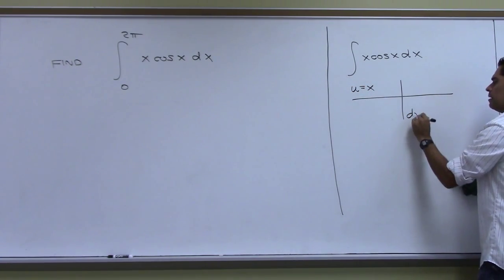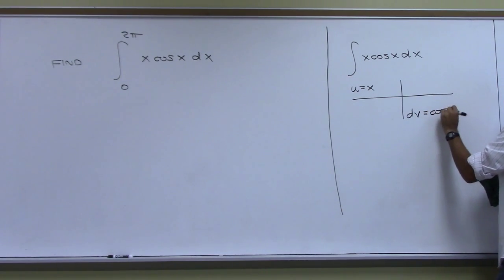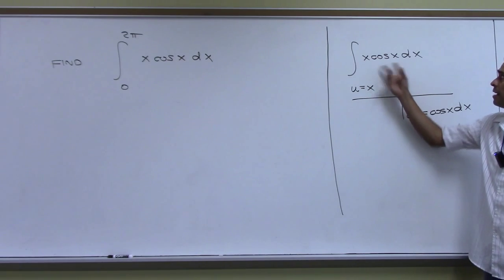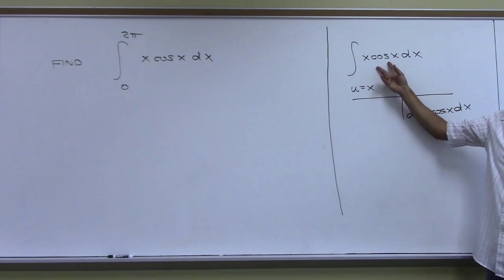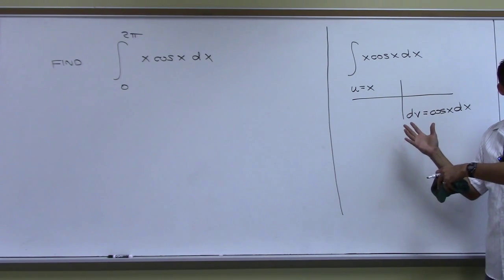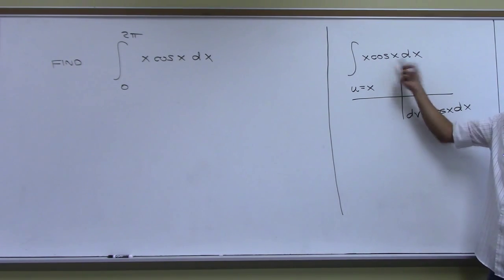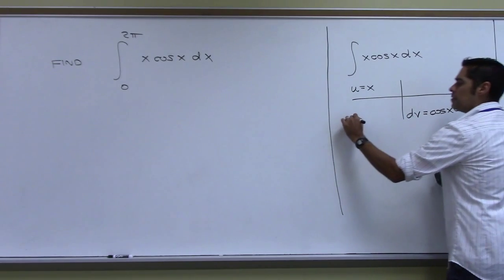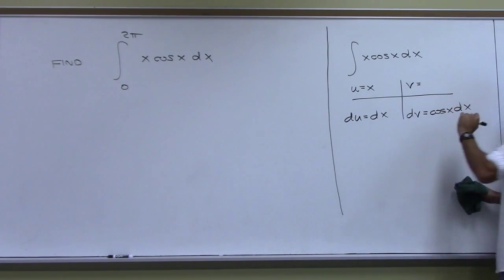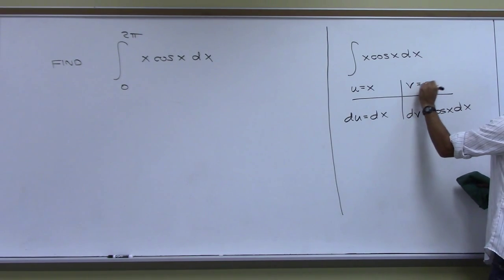x, okay. And then cosine x dx here. Okay, so Ron was able to identify that that's integration by parts. By choosing u to be x, in the new integral that'll be gone, right? And then we have to be able to integrate this, which we can. So du is dx, v is what? Sine x.